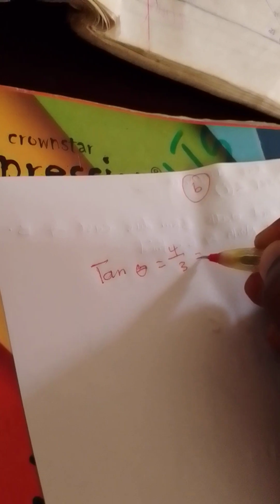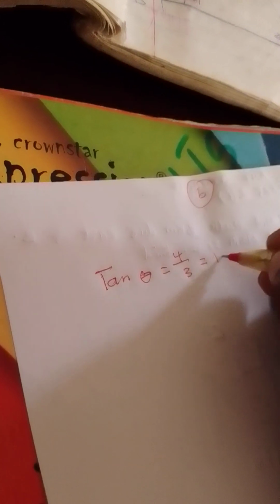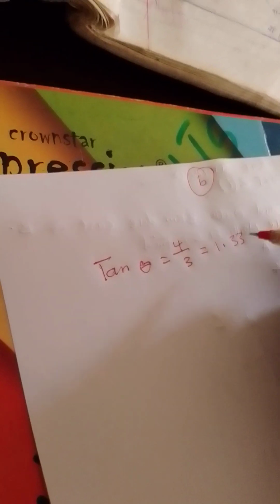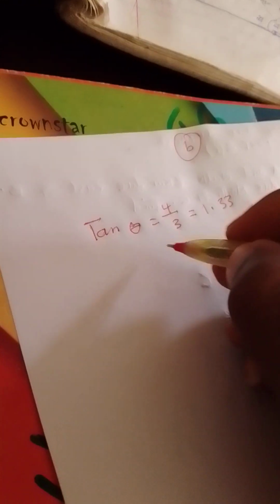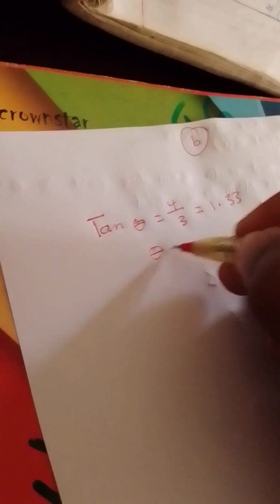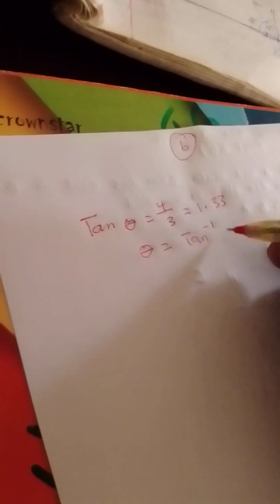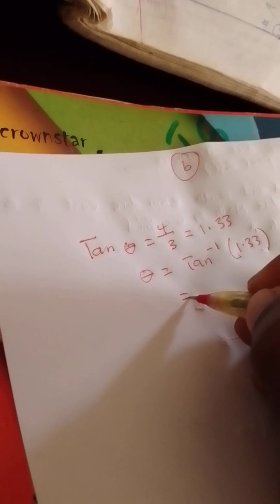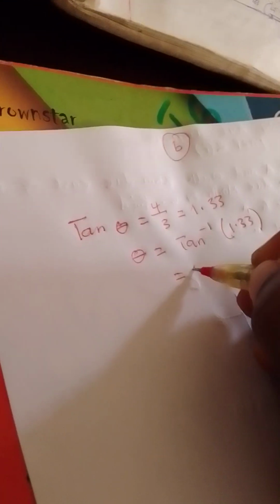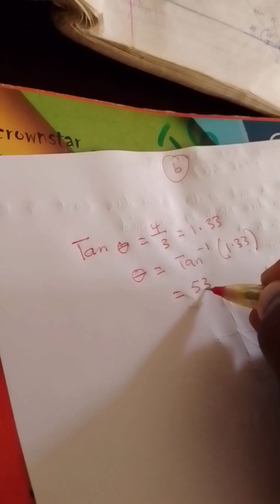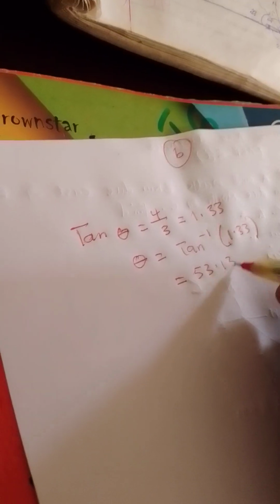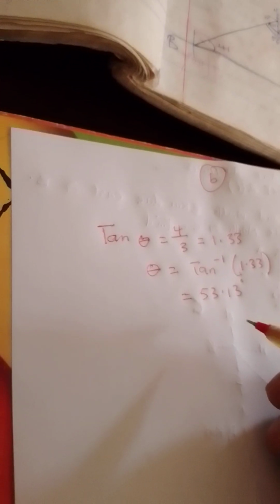And if you solve this, what you have is 1.3 repeating. So to get the value of theta, that will give us tan inverse of this 1.3, and that will be equal to 53.13 degrees, since we are dealing with angle, so it's going to be in degrees.